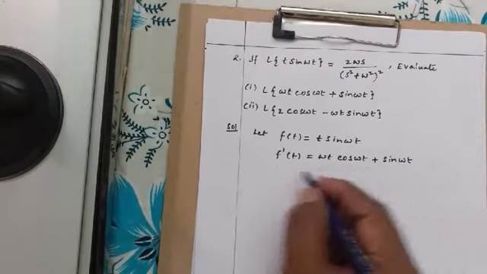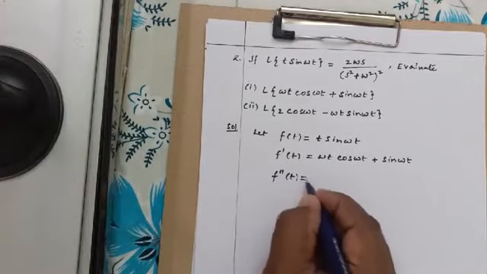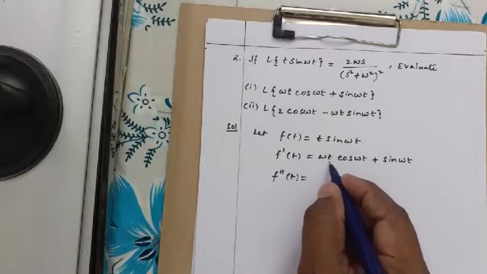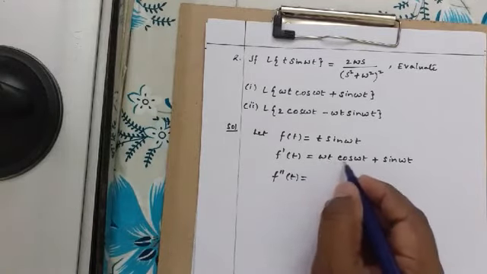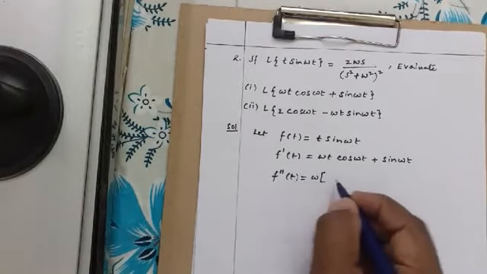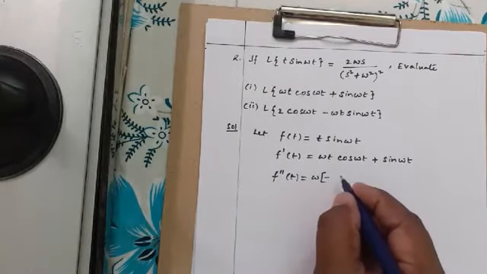Now when you differentiate again, f double dash of t is equal to, again here you just take omega common, then t into cos omega t, again uv formula. So when you put omega outside, when you differentiate cos, you get minus sine omega t.